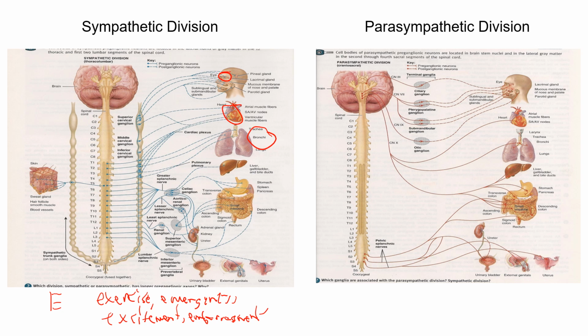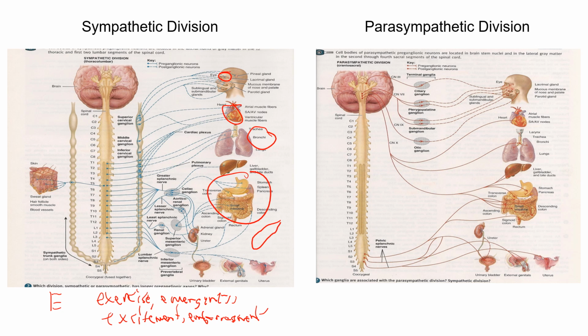Next thing is blood vessels in the GI tract will actually constrict. The reason for this is in an emergency situation, we don't need to be digesting. We need to get that blood to our skeletal muscles. I don't know if there's a picture on this diagram, but I guess there's not, so that's something I can draw in.